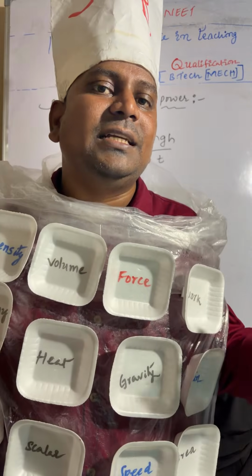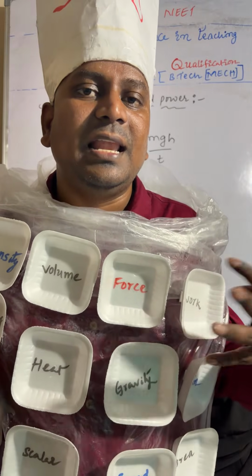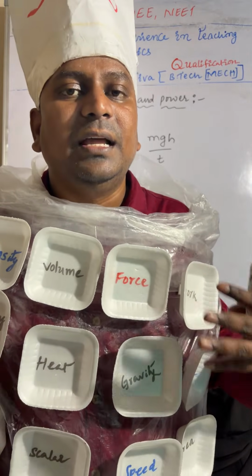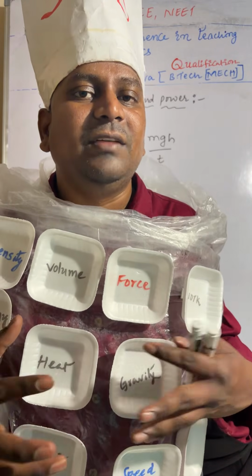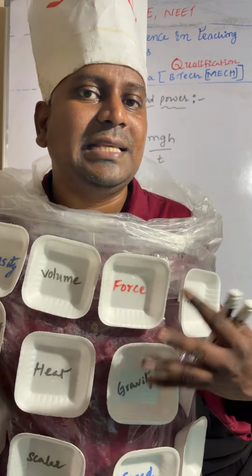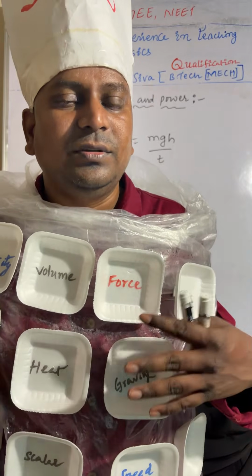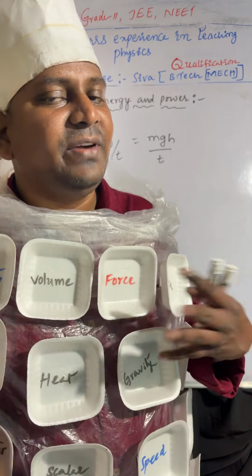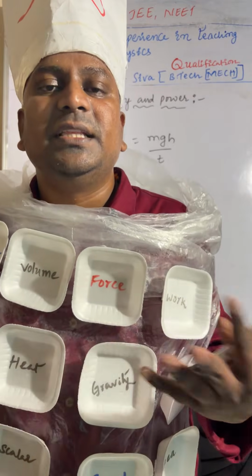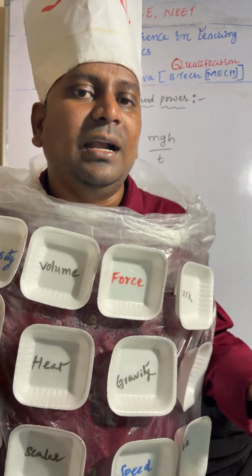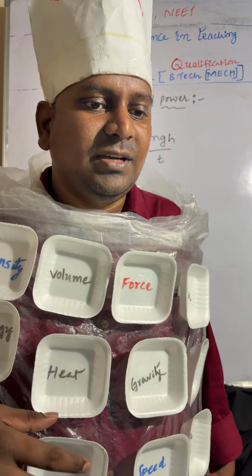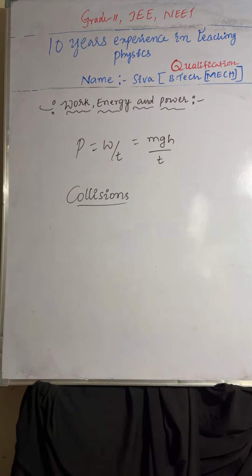If the initial velocities and final velocities of the bodies lie on the same line, then that collision is called one dimensional collision. If they lie on a plane, with reference to x-axis and y-axis, at the xy plane, then we can say two-dimensional collision, and three-dimensional when we also consider the z-axis.